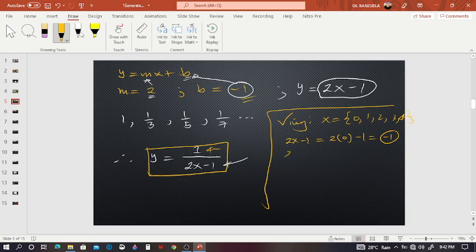Again, replacing x by 1, we arrive at 2 times 1 is 2, then minus 1, which is equal to 1. Which is the first element in the given sequence. Let's continue. Replacing x by 2, we have 2 times 2 minus 1. So 2 times 2 is 4, minus 1, which is equal to 3.